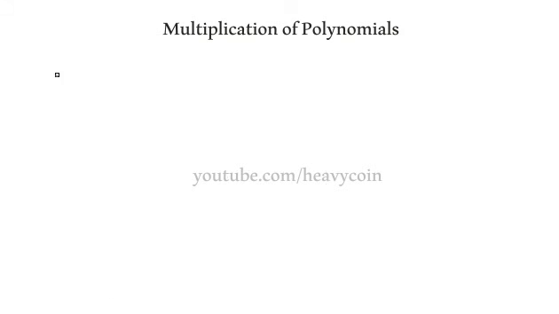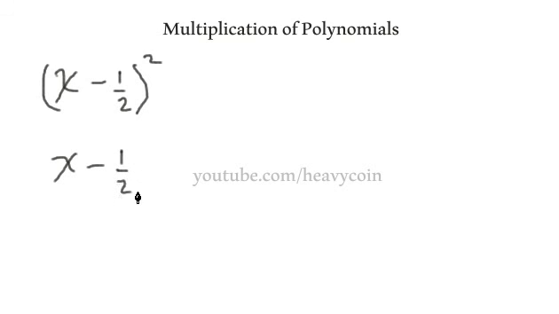Let's work with a fraction. What if I had x minus a half and the whole thing was squared? So we can rewrite this as x minus a half times x minus a half. So x times x is x squared.